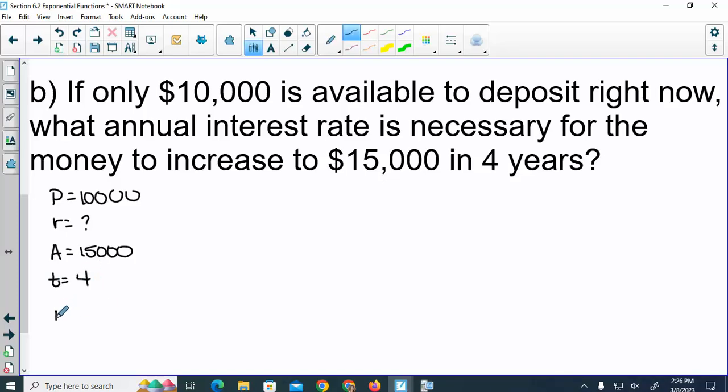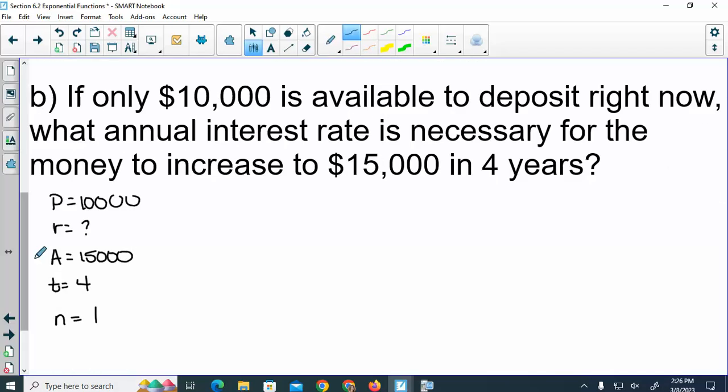I failed to include it, but let's assume it's still compounded annually, so N is still 1. Will we always assume that it's 1 if it does not say specifically? No, the only reason I'm assuming that is it was a part A and B question, so it's the same scenario here.